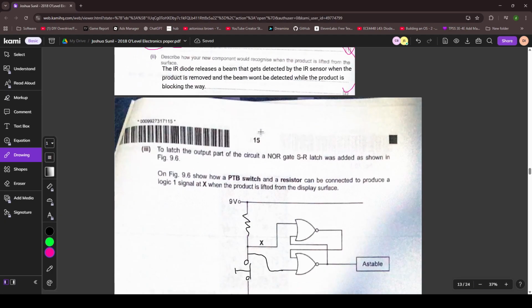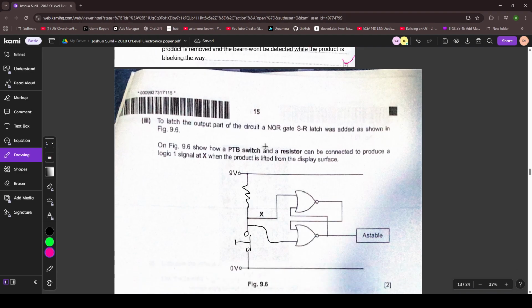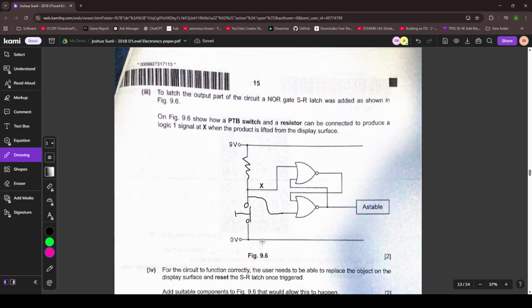So, to latch the output part of the circuit, a NOR gate SR latch was added, as shown. Figure 9.6. Show how a push to break switch and a resistor can be connected to produce a logic 1.